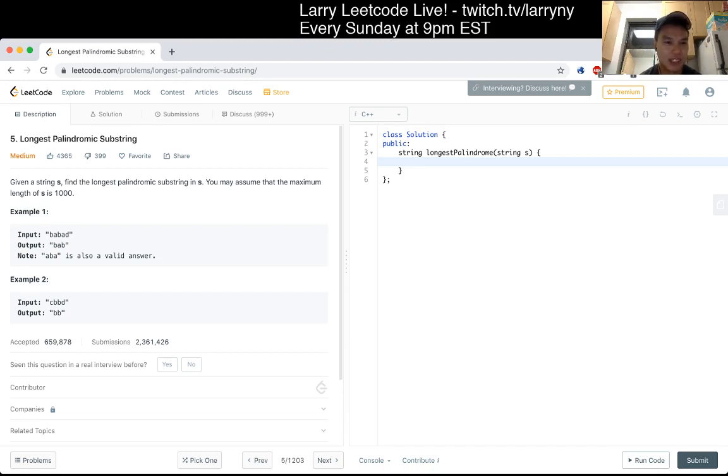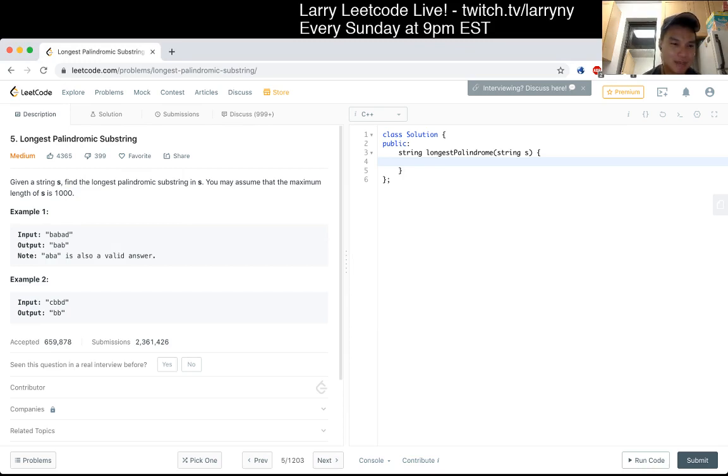I think there's a cool answer too, but I don't remember if that actually applies here, because you could actually do the longest common substring between a word and its reverse, and that'll give you the longest palindromic substring. Not sure if that's the intended answer, because that's like a weird thing to be asked on an interview and to know about. But yeah, n is 1,000, so we could probably do something funky.